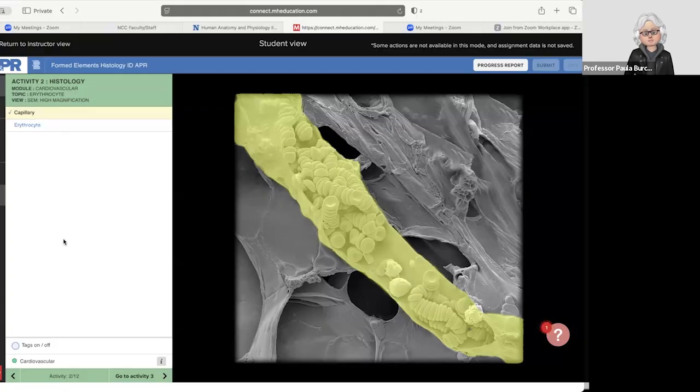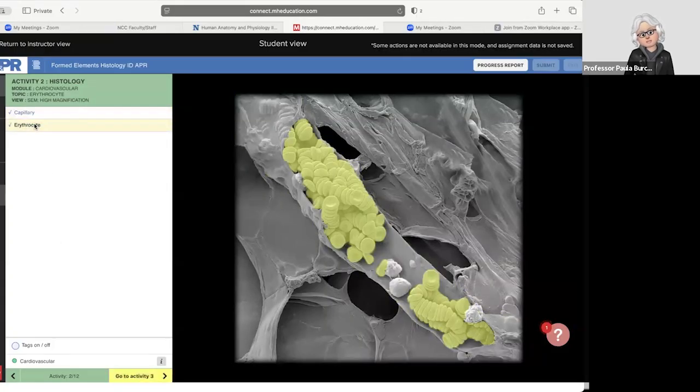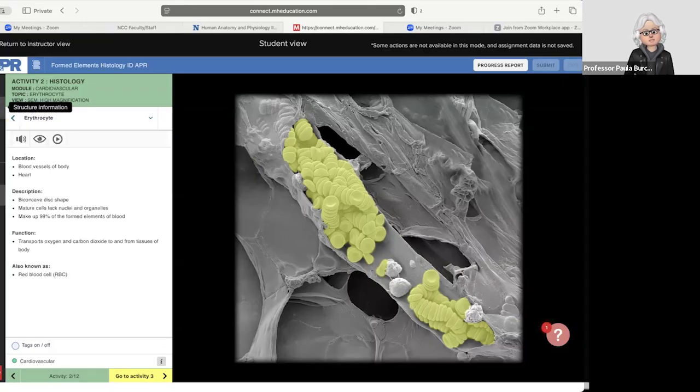There's the capillary. And I can highlight the erythrocytes within the capillary. These cells here, they don't identify those, but those are different types of leukocytes. So kind of cool here that you can see these. If I go here, this is going to give me the same information about erythrocytes that I saw before.